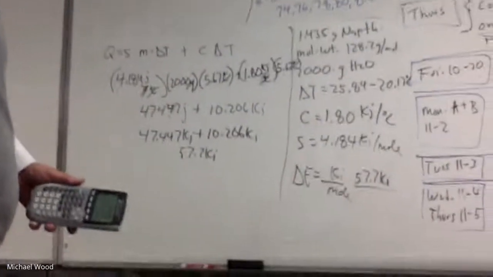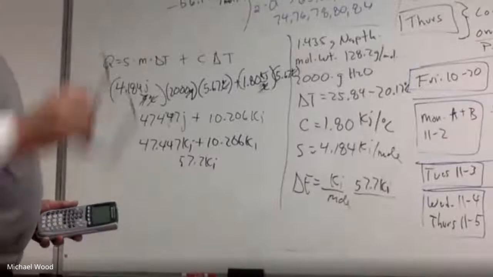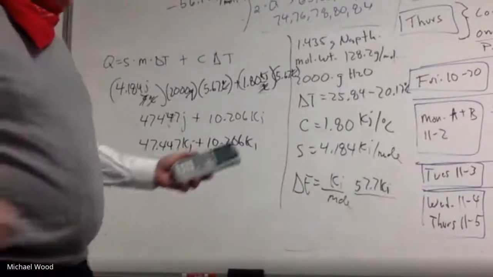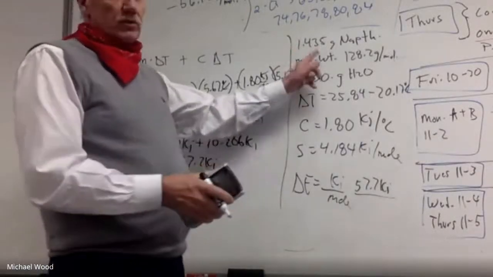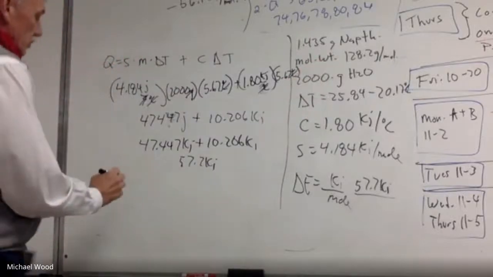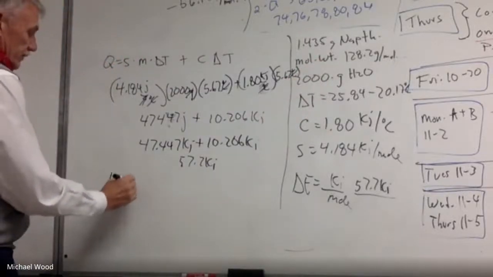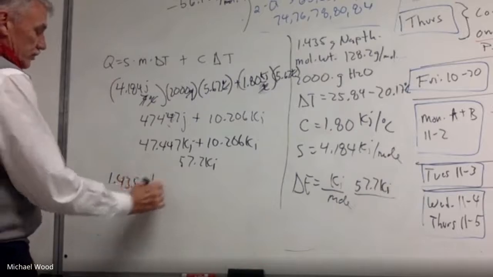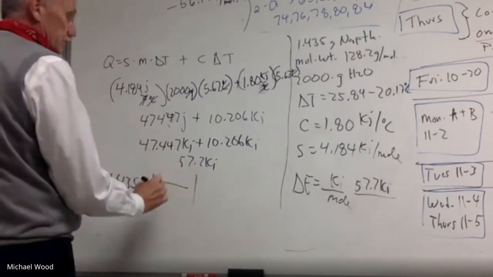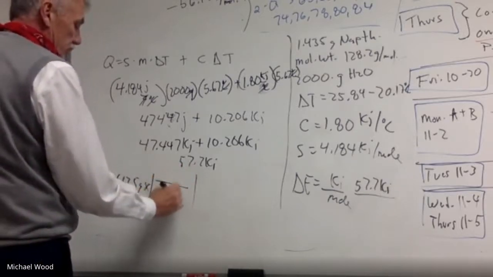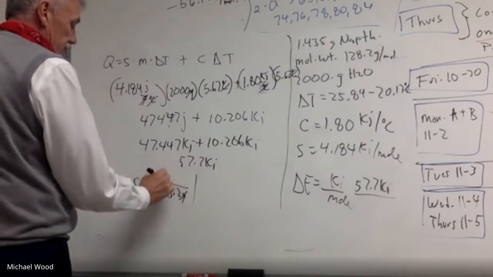Now the moles. This time I don't have a balanced equation, but I'm going to use this information right here. I'm going to take 1.435 grams and convert this to moles. The molar mass is 128.2 grams for 1 mole.